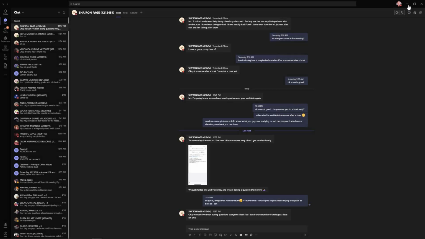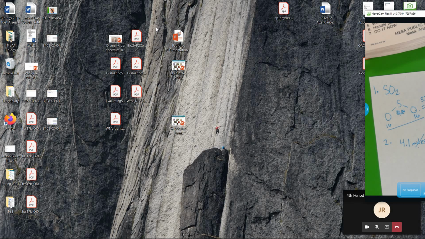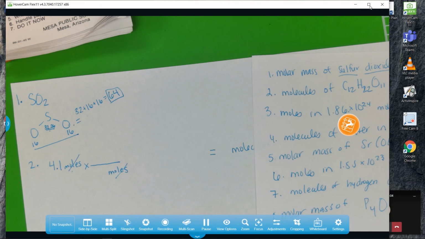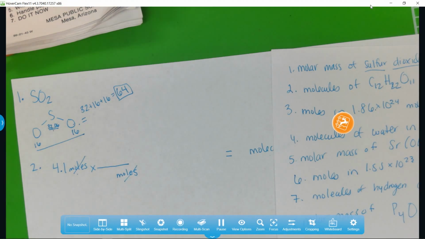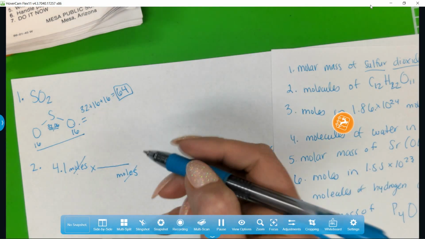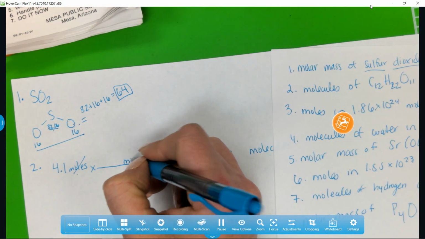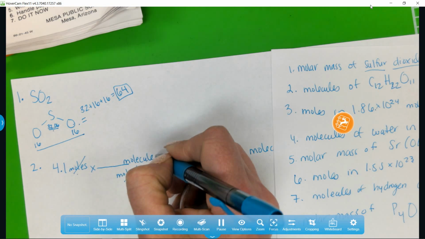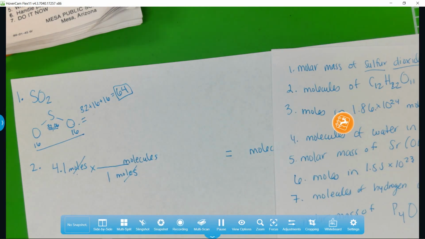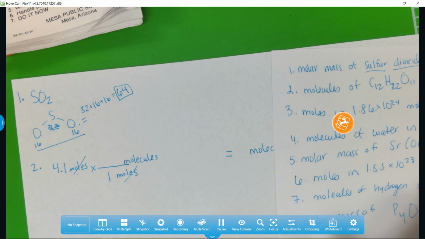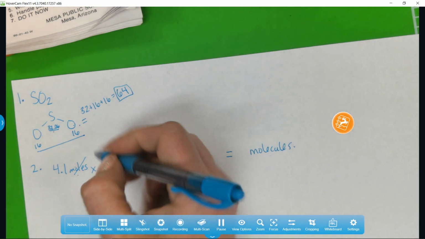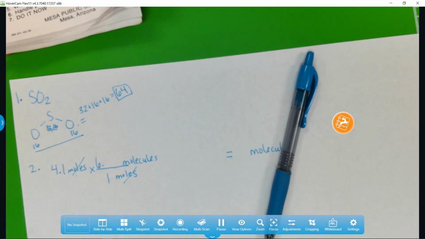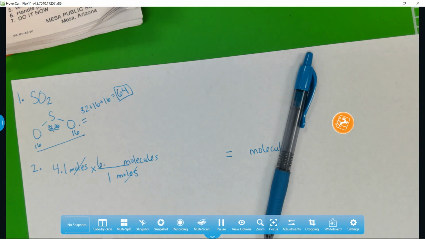So we don't have to worry really about the mass or anything here. We should just be able to go directly into multiplying by Avogadro's number. So that is the number of molecules per mole in 1 mole. So we're going to put in Avogadro's number at the top. 6.022 times 10 to the 23rd or something like that.